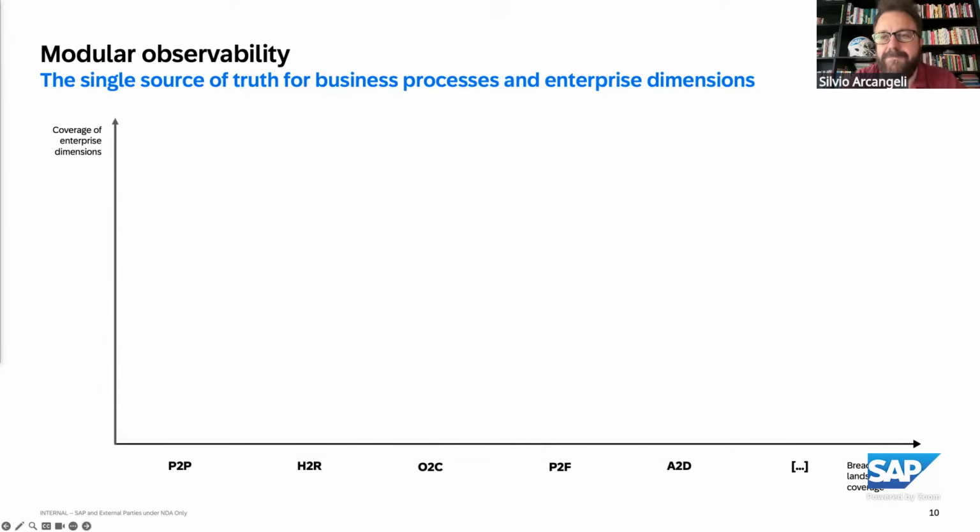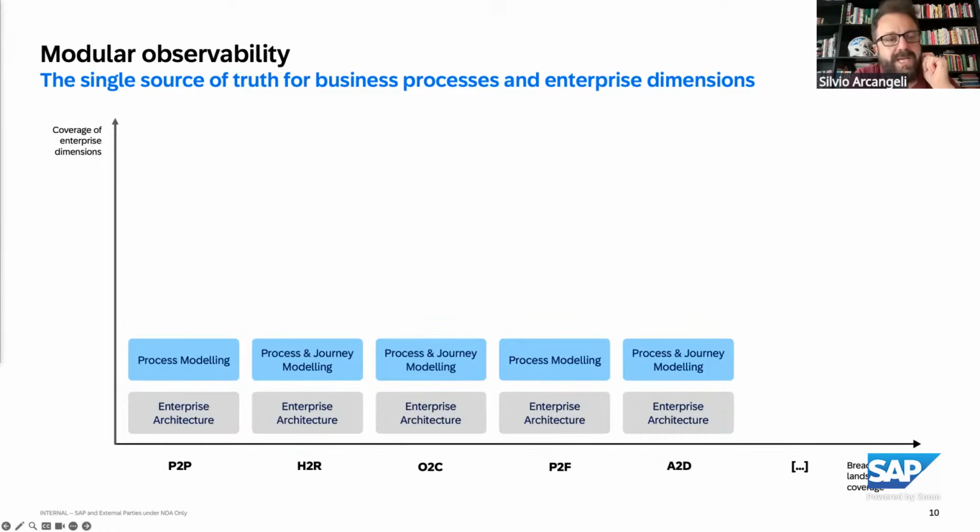So take this example where, for simplicity, in this diagram, I've only depicted a few end-to-end processes. Normally, every real organization will have tens and tens of different processes like these, right? First of all, you can deploy enterprise architecture management, and you can deploy process modeling and journey modeling quite easily and quite cheaply across your entire process house.